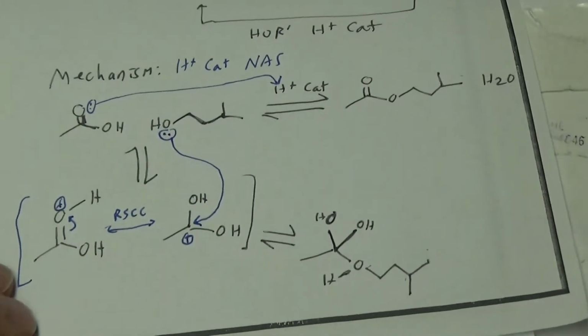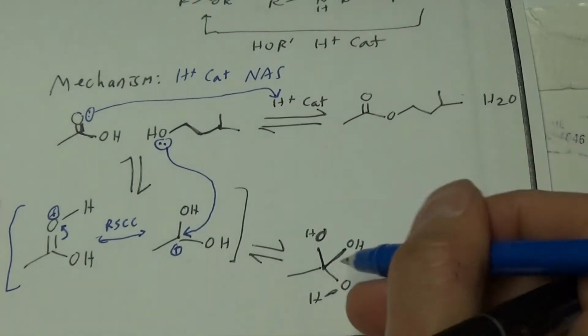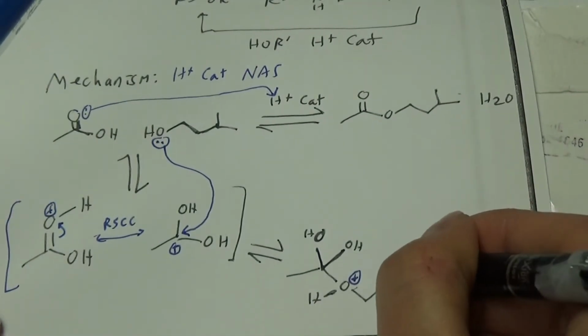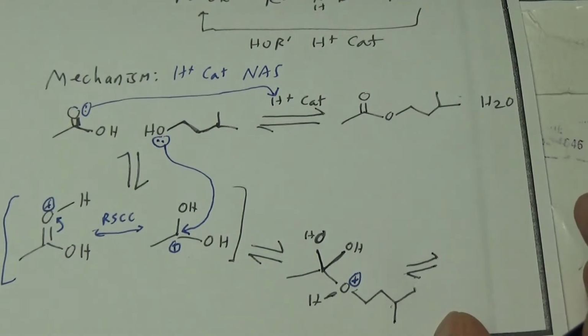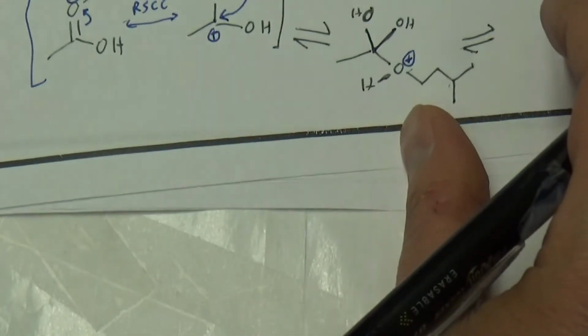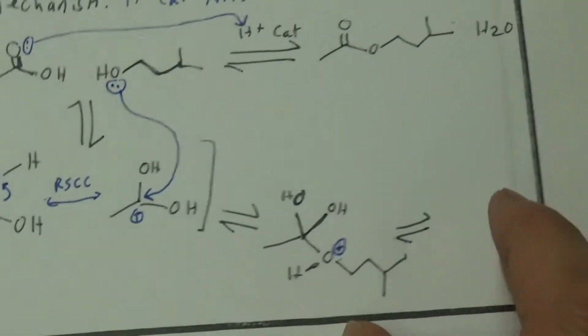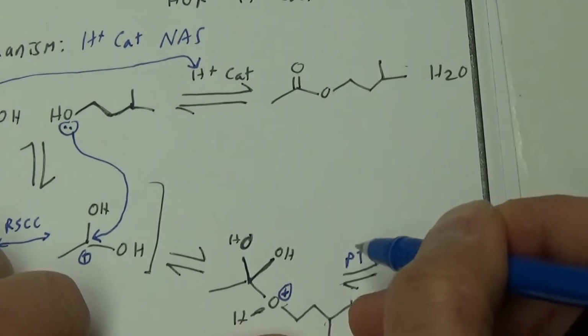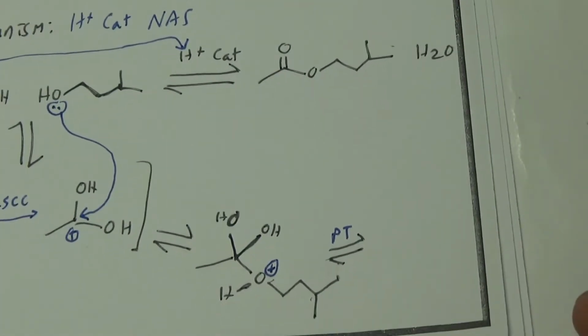Do we have a charge somewhere? Where's our charge? What do we always do after nucleophilic attack? Two letters, PT, to make something a leaving group.